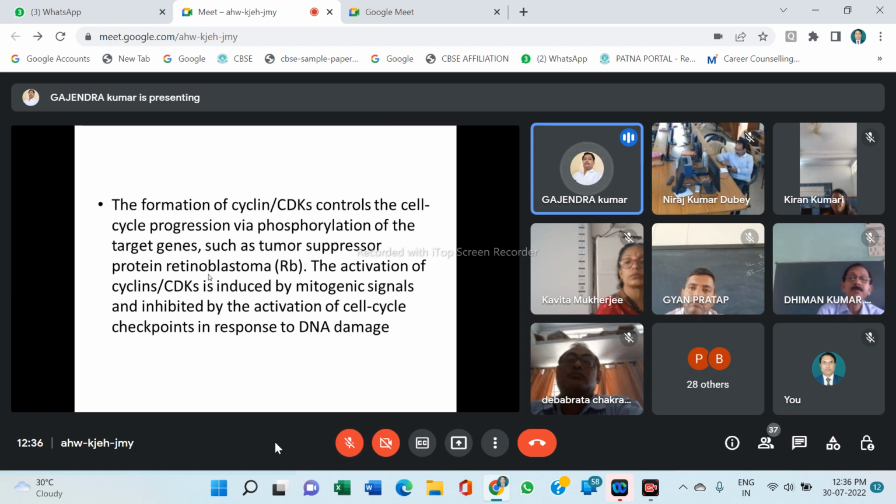The activation of cyclin CDK is induced by mitogenic signals and inhibited by activation of the cell cycle checkpoints in response to DNA damage.